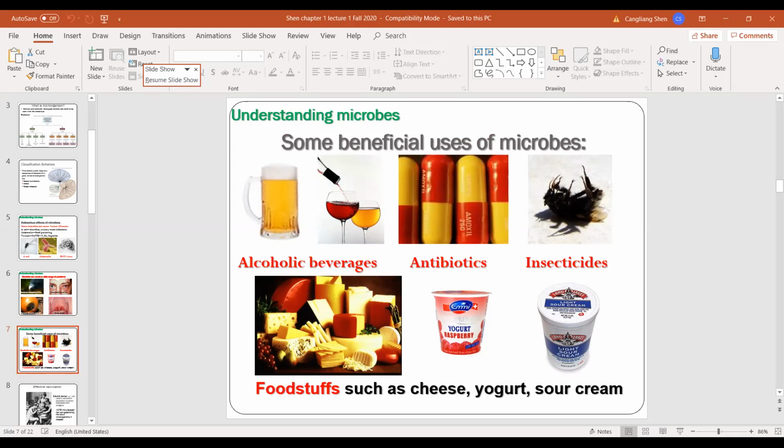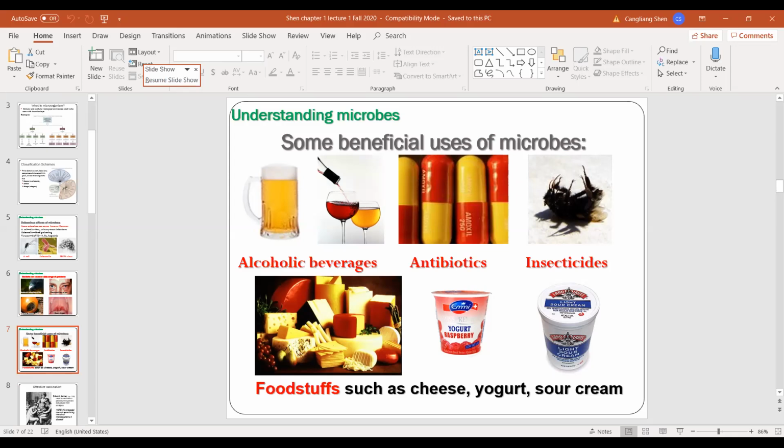Insecticides, which kill all these ants or insects. Now, the bottom of these things, that's called the dairy products, including cheese, yogurts, and cream, sour cream. That is usually the fermentation products from a group of bacteria called the lactic acid bacteria.